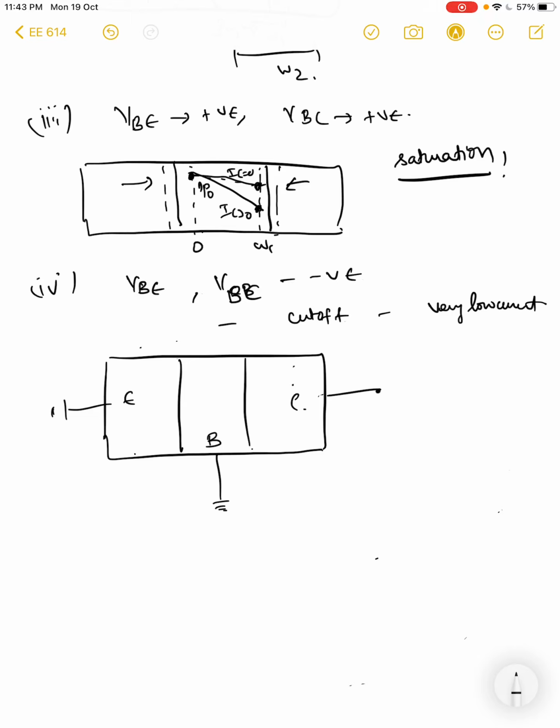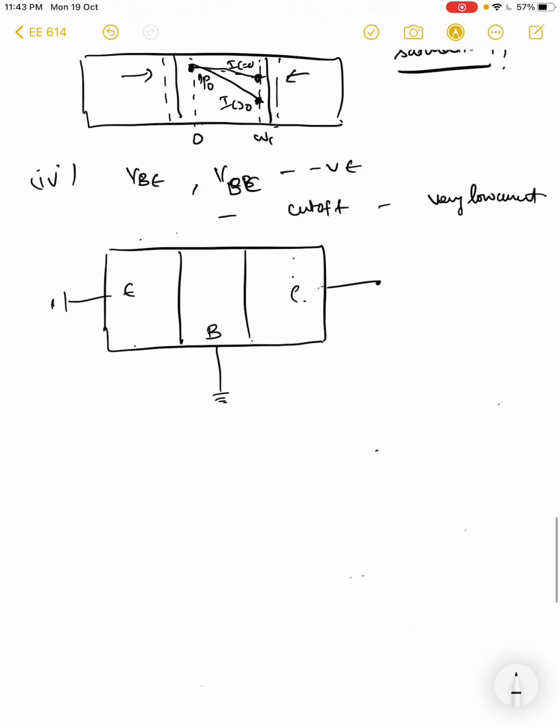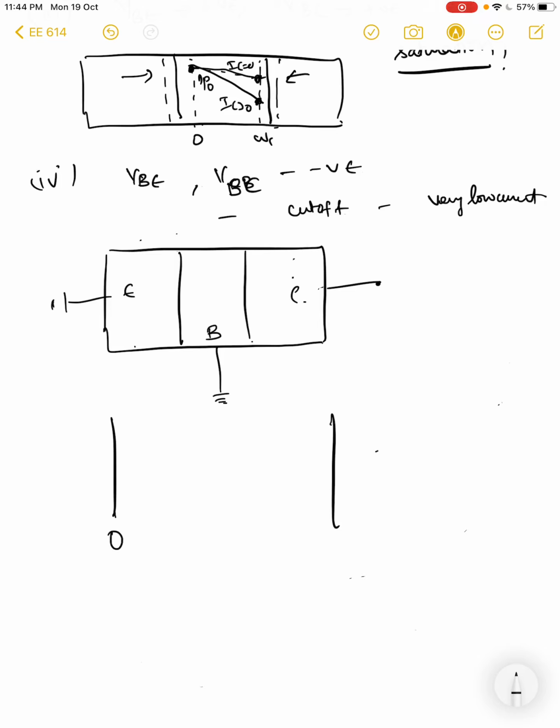So now you can see that because both of them are grounded, and you have some current through the emitter as well as the base, let us take the depletion width in the base is here, the depletion width in the collector here. You have some gradient in the electron configuration. This is NP naught due to the current from collector to the emitter, right?